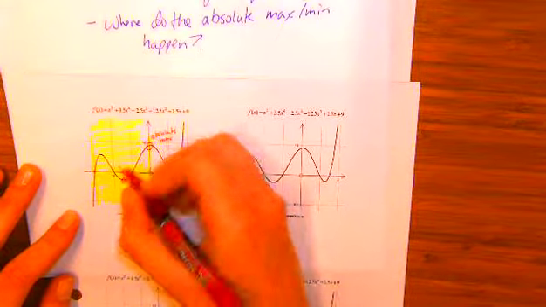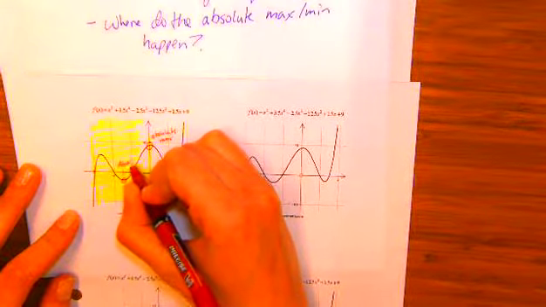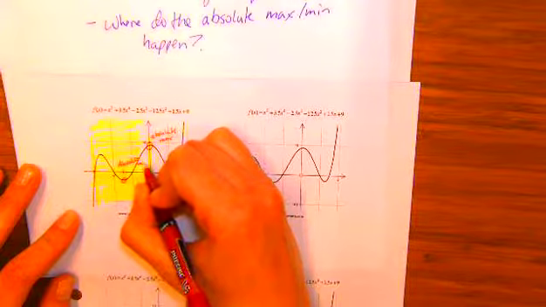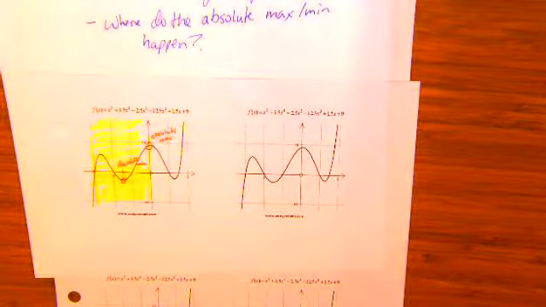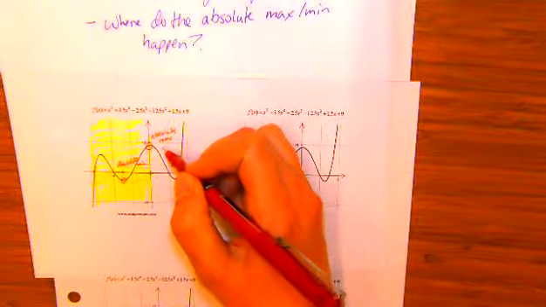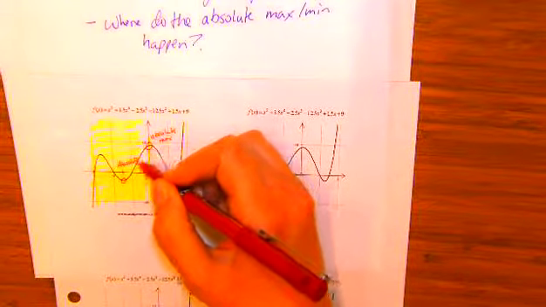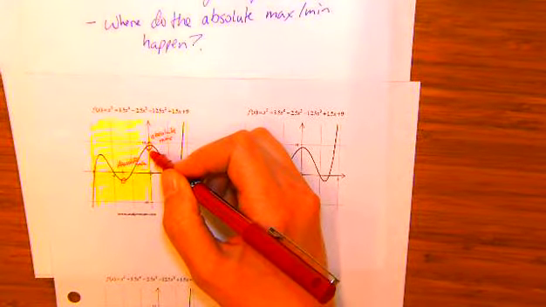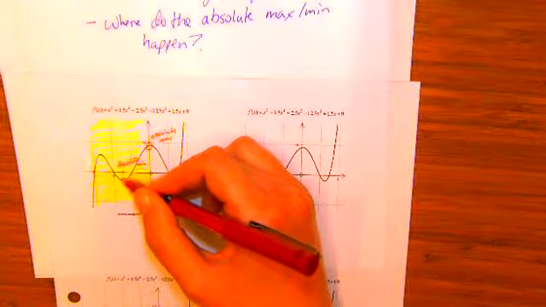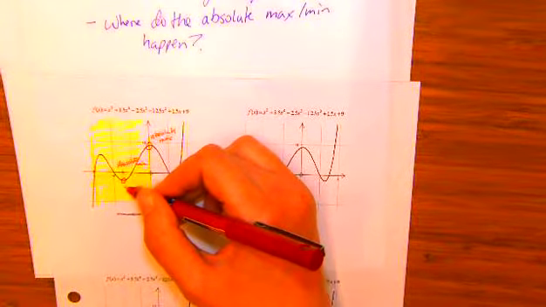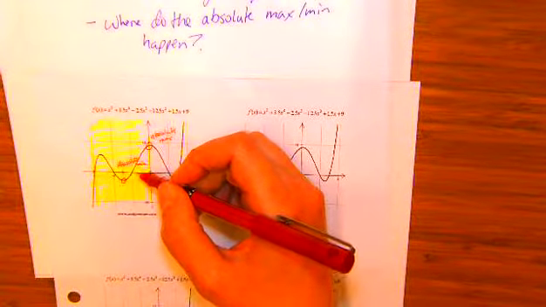Okay. All right, so in terms of the absolute max, it happened at the endpoint of my window. The absolute min happened at the local min inside the window, right?